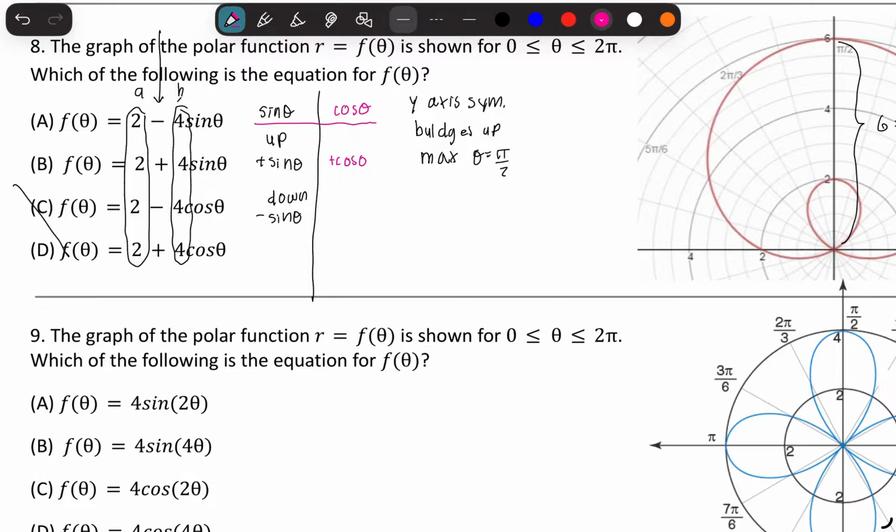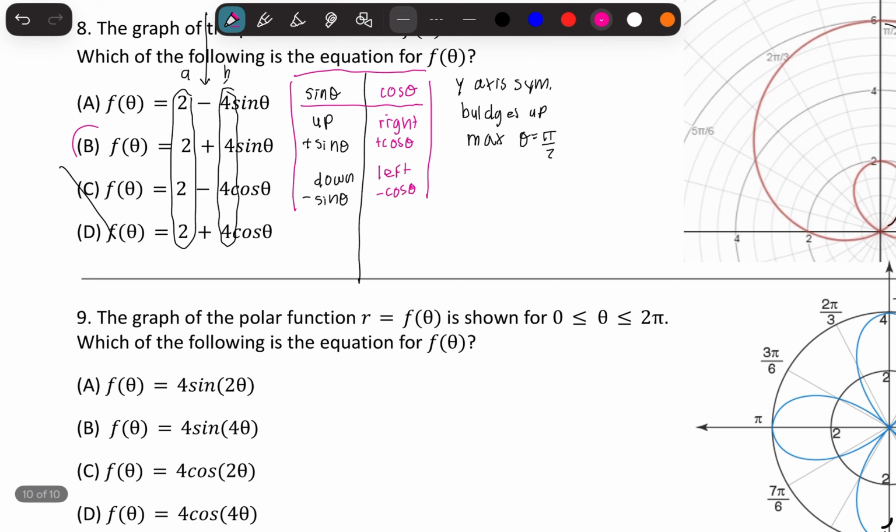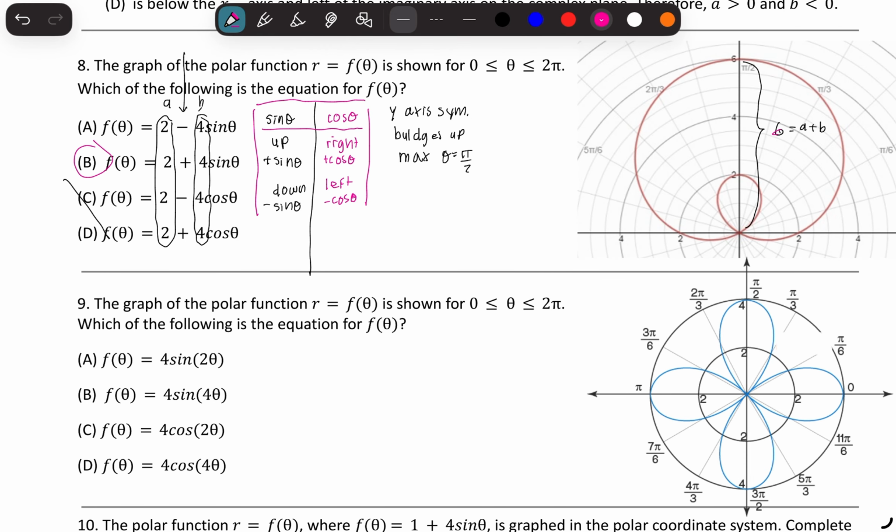If you have a positive cosine theta, it's going to be to the right for the majority. If you have a negative cosine theta, it's going to be to the left. This is going to be B.